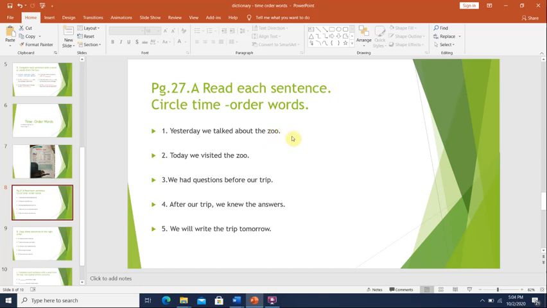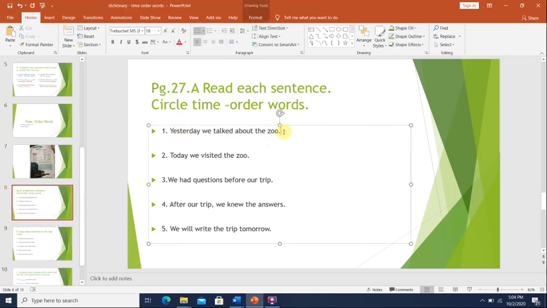Let's do number 1 together. Yesterday we talked about the zoo. So time order: when did they talk about the zoo? Yesterday. So you can circle yesterday, because it told you when they talked about the zoo. This is a time order word.